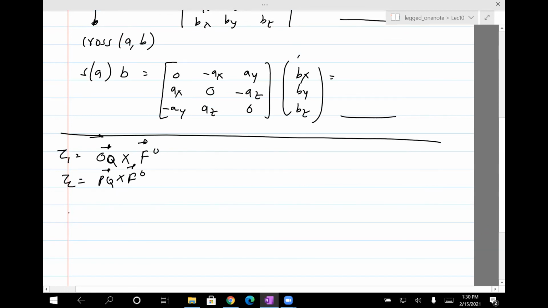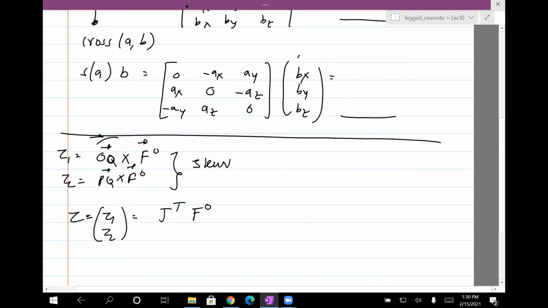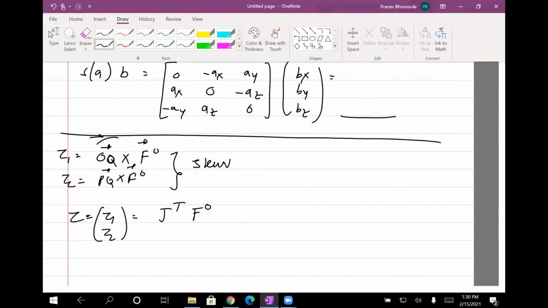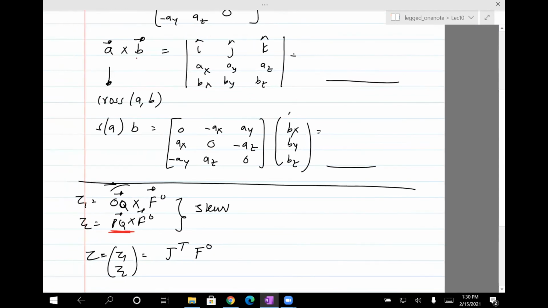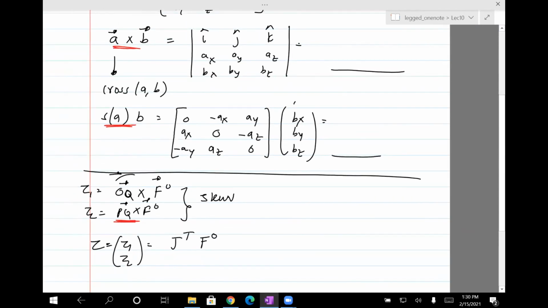And if you also know that torque 2 equals J transpose times F0, it seems like you have to use the skew symmetric form of this thing here. Just like over here, A cross B is the same as S of A times B. So it seems like you will get something similar.